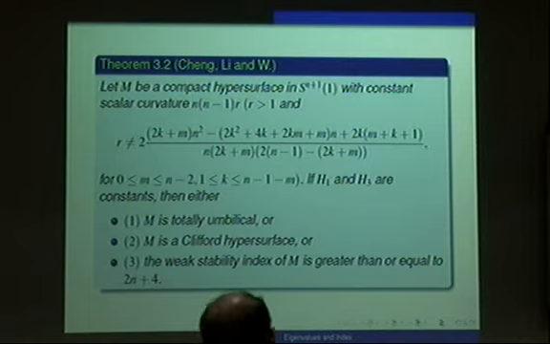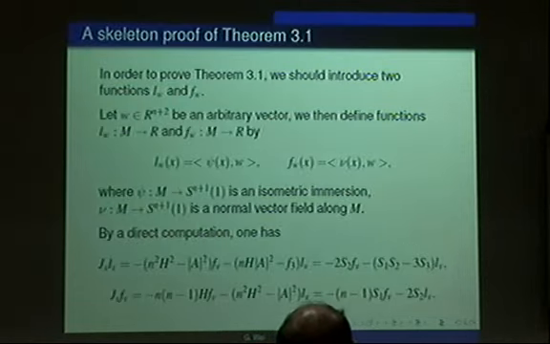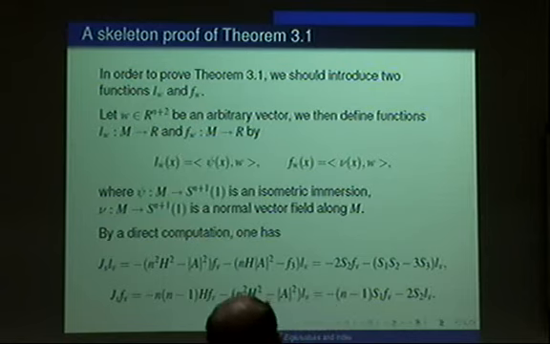Now I'd like to give a brief account of our proof. In order to prove our theorem, we should introduce two functions, since we want to find the eigenfunctions. So we introduce the two functions RW and FW.